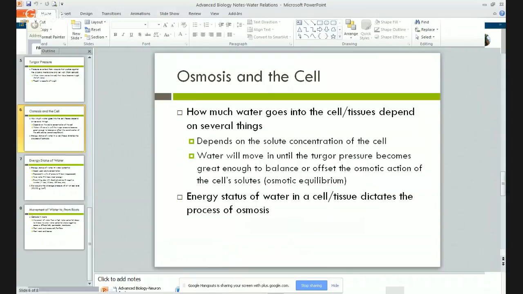It's going to go inside the plant cell if it's pure water. I know we talked about equilibrium. Your water is going to constantly move until it reaches that equilibrium.